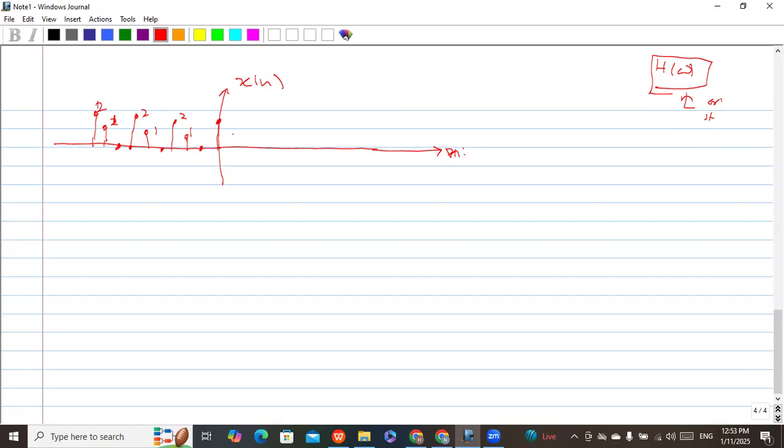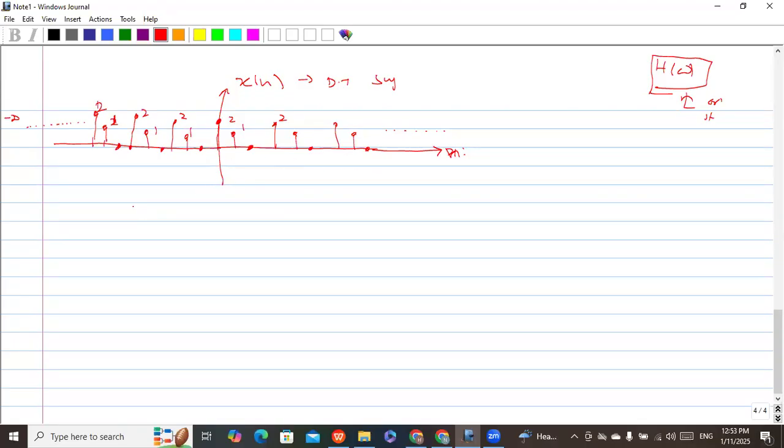So this is a discrete time signal. It goes up to plus infinity, and here it is coming from minus infinity. So this is the signal.